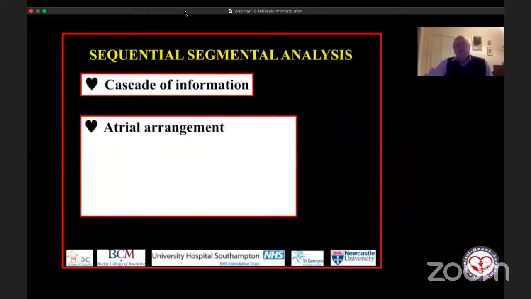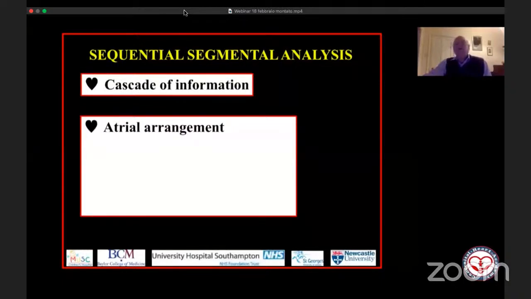But before we finish today, let me remind you what we are seeking to do with sequential segmental analysis. We're trying to build up a cascade of information. And to begin that cascade, it is essential we start with determining atrial arrangement.